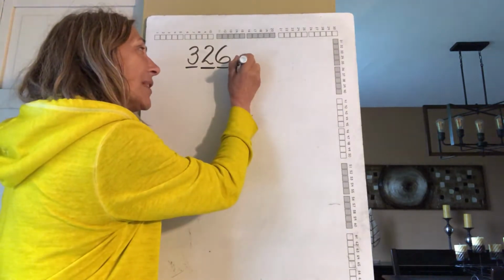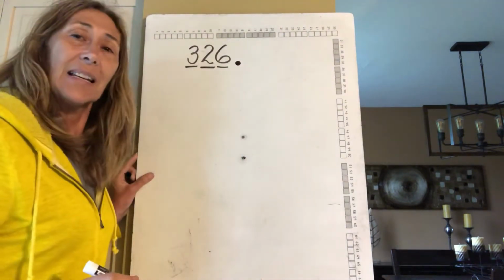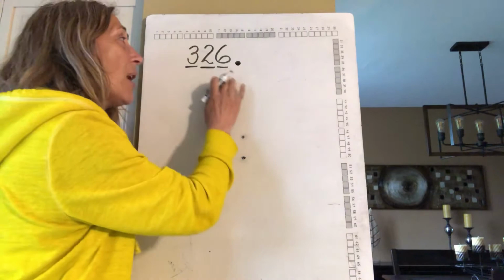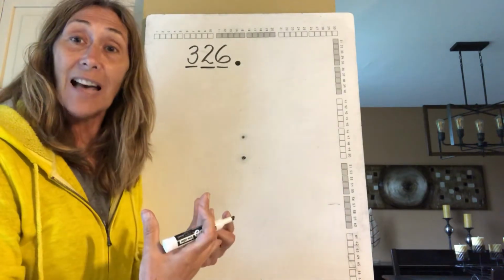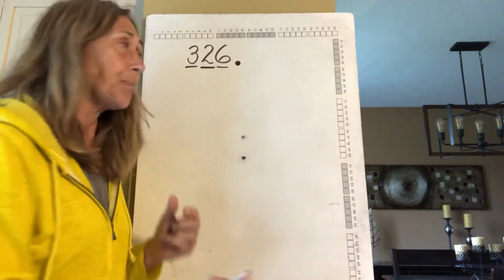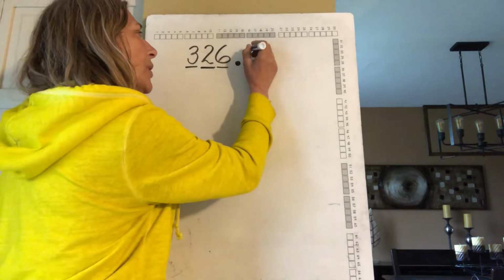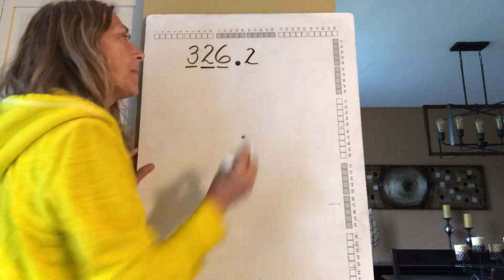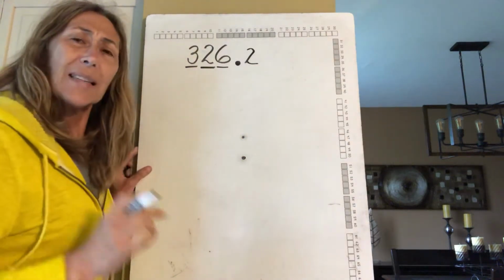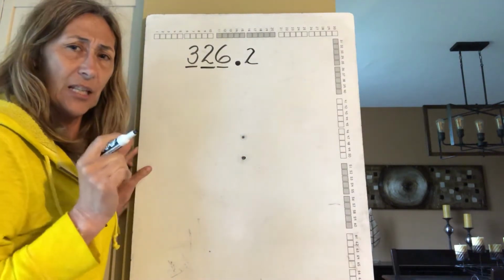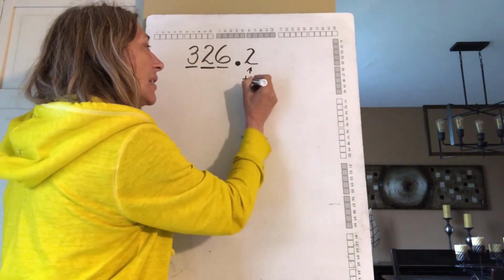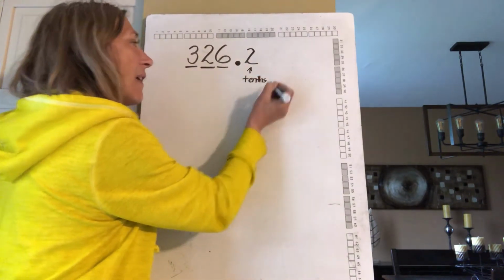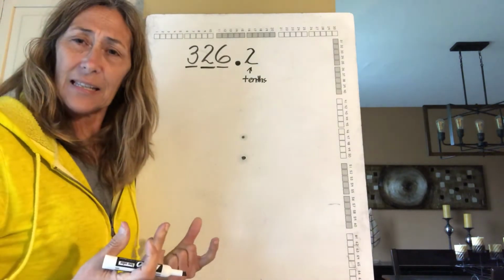Now I'm going to put in that decimal point, and now I'm going to give you fractional parts, something that's less than a whole. If I were to put a 2 here, that 2 has a special place. The place that it's in is called the tenths place.